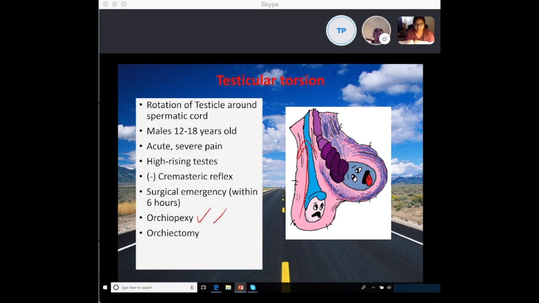Sorry. Wait, so in the torsion, ascension, that's not a word, but it occurs? The testes ascend? So it can occur with testicular torsion, or it can occur spontaneously. What they do is unravel this and tack it down to the base of the scrotum.